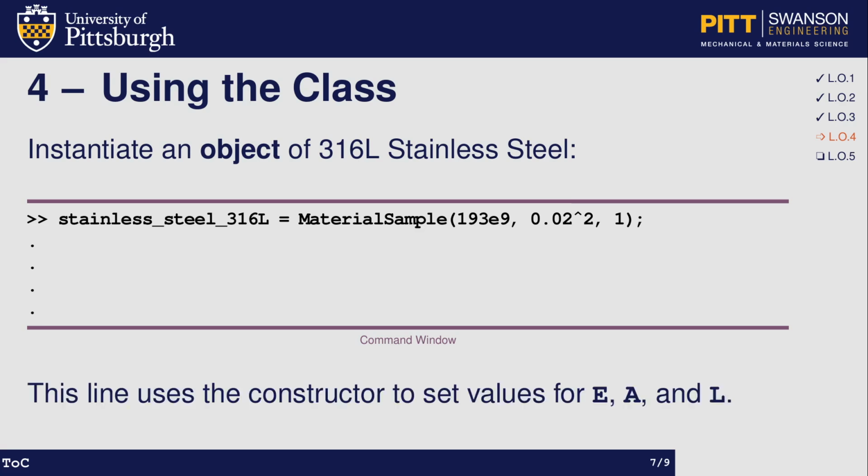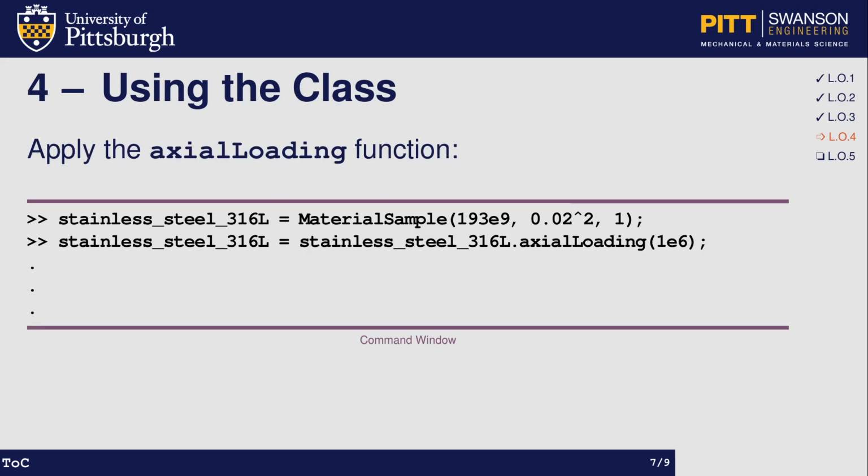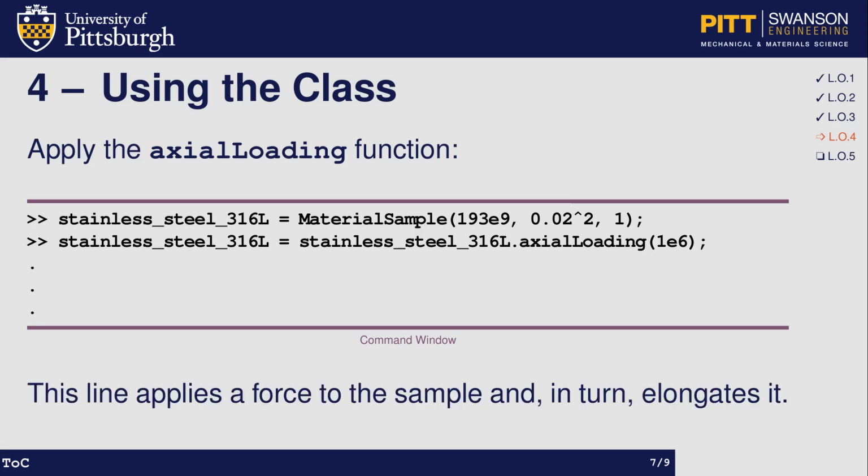Again, this line of code is using the class's constructor to set values for the properties of the object E, A, and L. Then we can apply the axial loading function with a force of 1e6 newtons, or 1 meganewton. This line of code applies a force to the sample, which in turn results in deformation, changing the value of L.